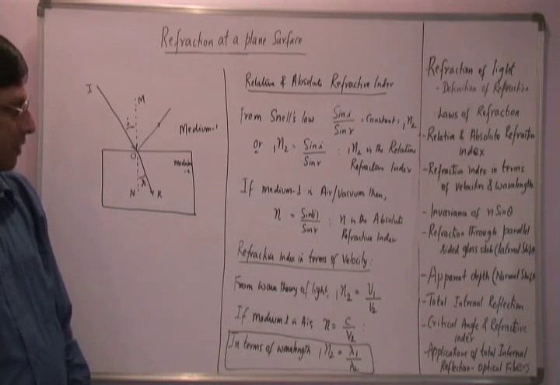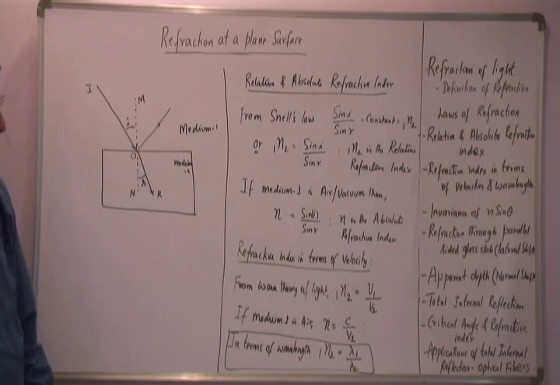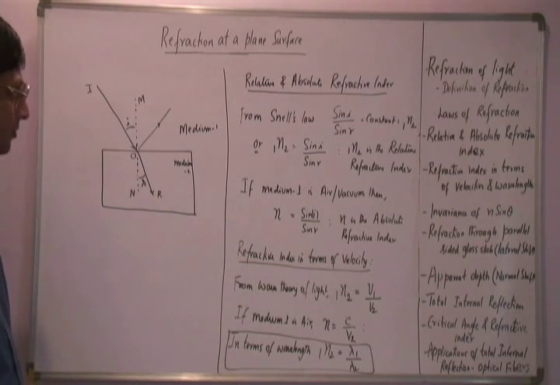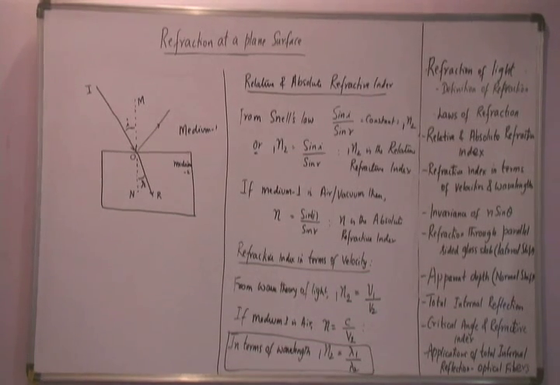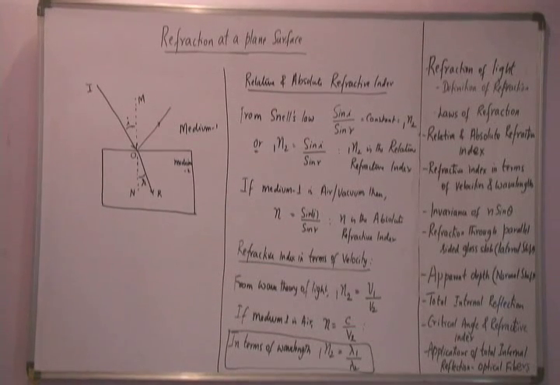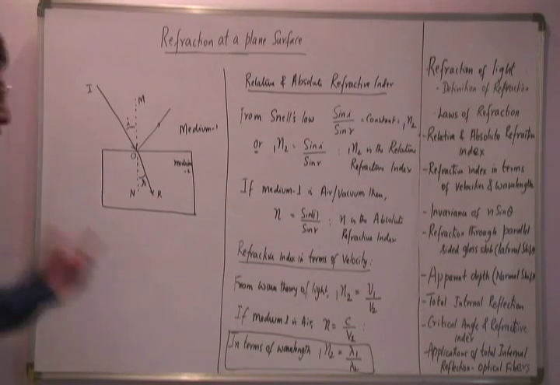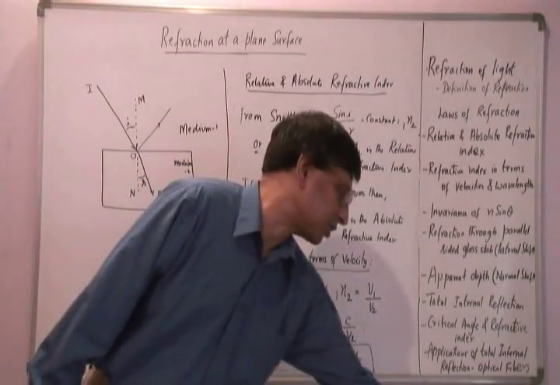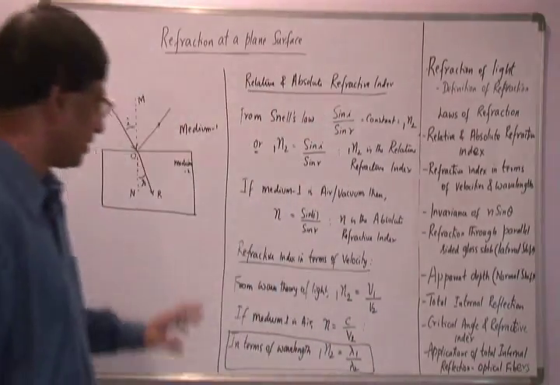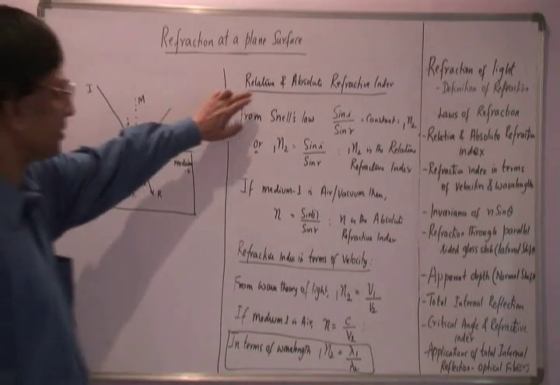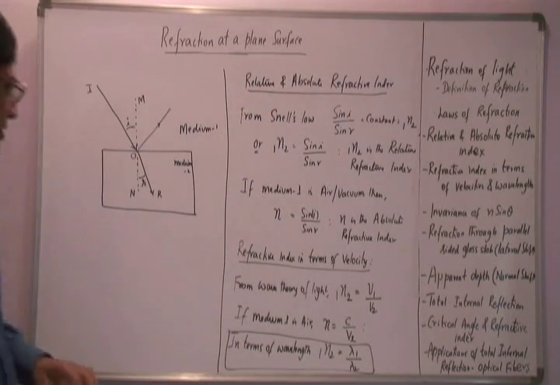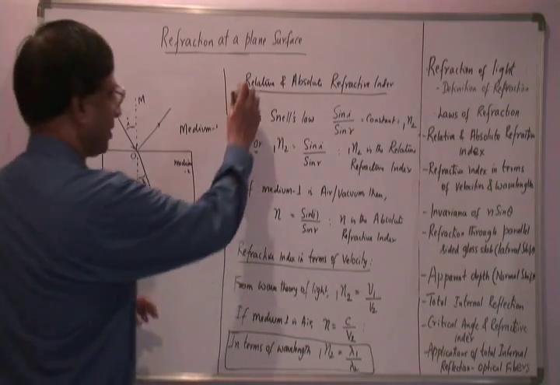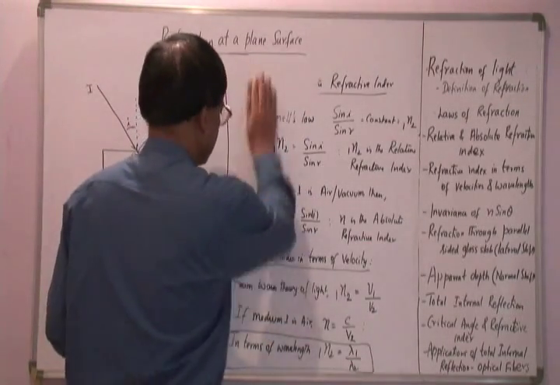Now let us find a correlation between relative refractive index and absolute refractive index. So we are now going to derive an expression between relative refractive index and absolute refractive index. So I'll erase this portion.